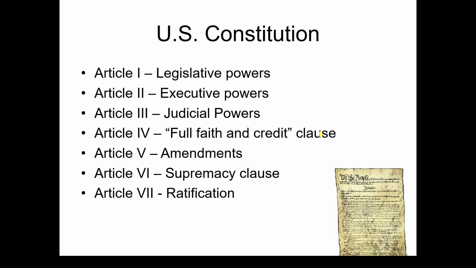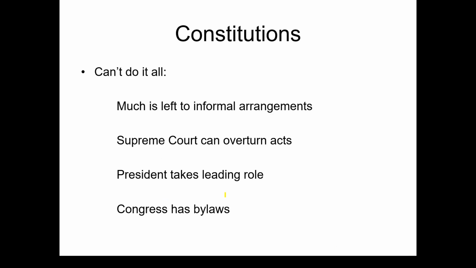If that person goes to another state, the other state should recognize that as well. Article 5 looks at the process for amendments. Article 6, the supremacy clause, says that the national federal law will be the supreme law of the land, and then the process of getting it ratified.